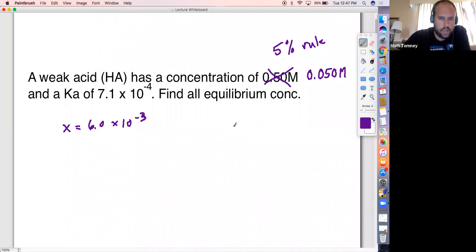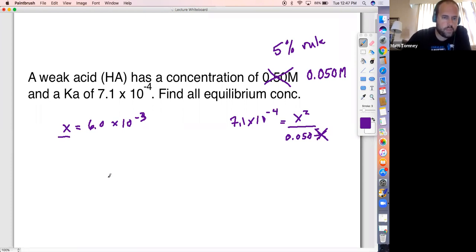Where that came from was if I set 7.1 times 10 to the minus fourth equal to x squared over 0.050. If you solve for x here, and we get rid of the minus x that was here, assuming that this would be small enough, this is the value you find for x.